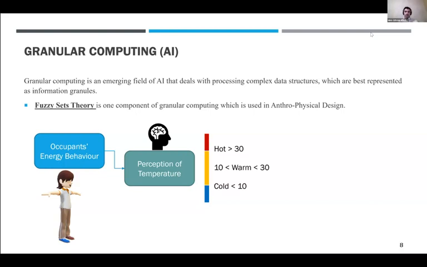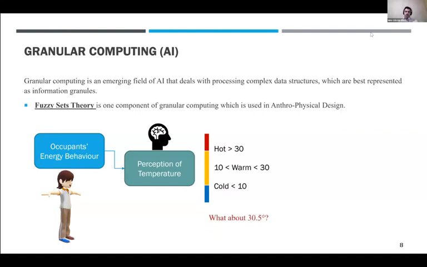The perception of the temperature that we have is not a hard number. You don't feel that the temperature is 32.5 degrees. You feel hot, you feel warm, or you feel cold. So these are more subjectively expressed knowledge rather than a hard, objective number.